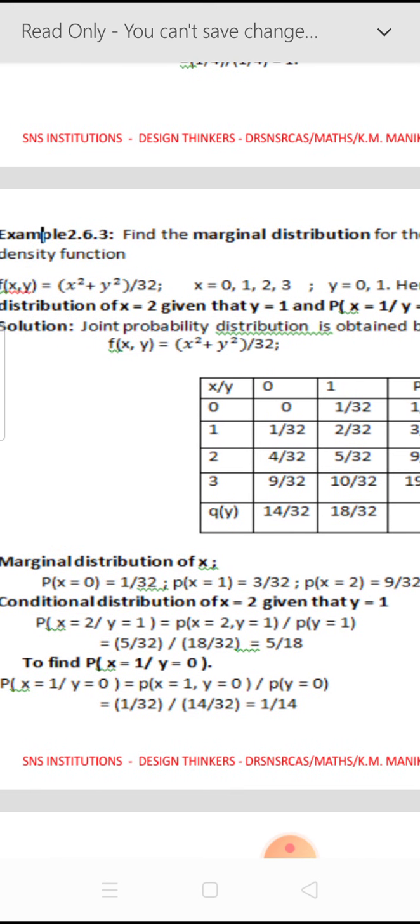Now we are given that the joint probability distribution is obtained by substituting the values for x equal to 0, 1, 2, 3 and y equal to 0, 1 in the joint probability density function f of x comma y equal to x square plus y square divided by 32.